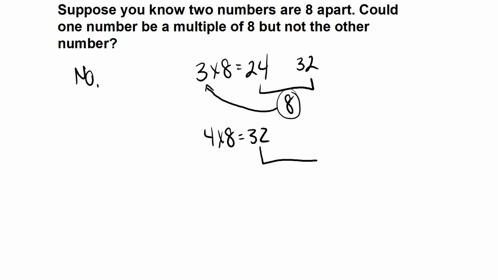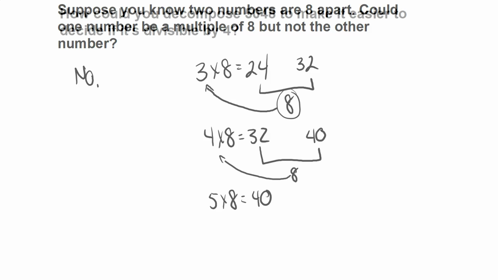If we had 32 and we added 8 to it, that would take us to 40. However, that is the same as if we just added one more 8 into our multiplication, so that instead of 4 8s, we have 5 8s, which again comes out to 40. So if one number is a multiple of 8, then any number that is 8 apart from it will also be a multiple of 8.